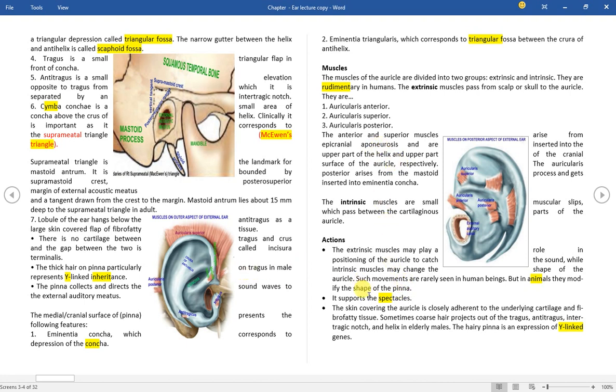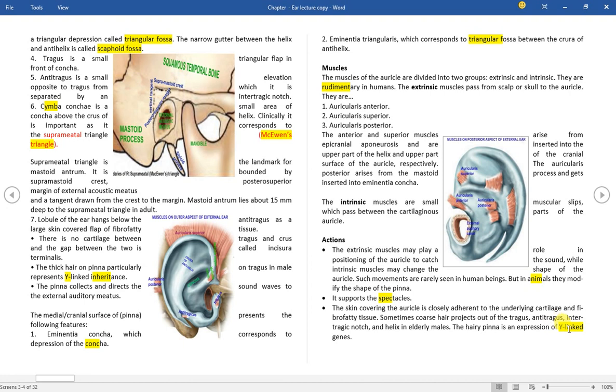The function of the external ear is to support the shape of the ear, and in lower animals it is also useful in movements, and in humans it supports spectacles. There is one genetic point, expression of Y-linked inheritance, that is hairy pinna.